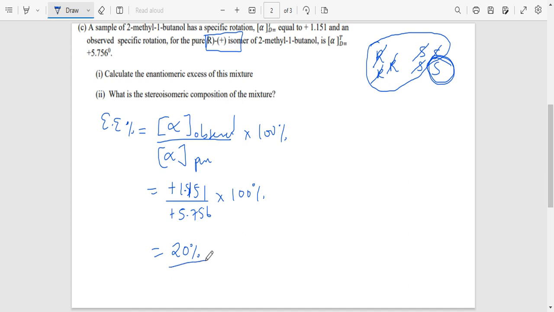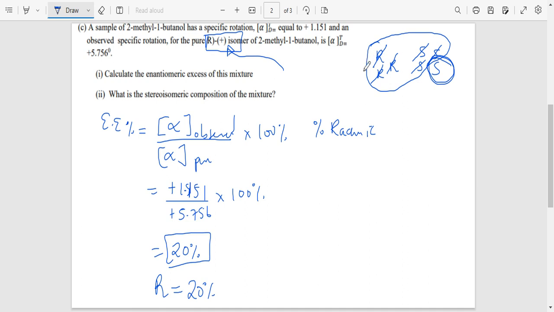So this one is the enantiomer in excess. Now, because it's coming from the R, as we're able to see, this is the amount of R that is pure, that is not cancelled by the S. So now let's find the percentage that is made up of the racemic substance. What do you mean by racemic substance?